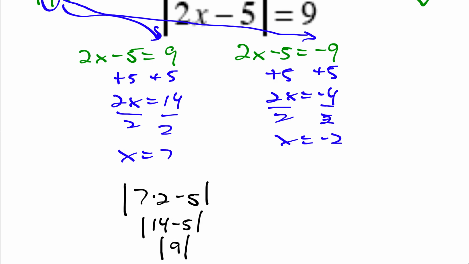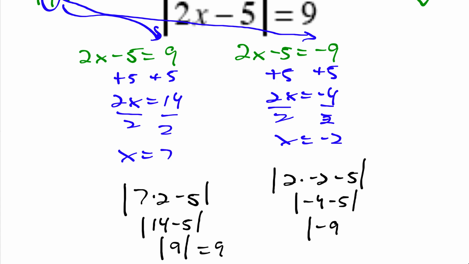The absolute value of 9 is 9. So that works. What if I check this one? 2 times negative 2 minus 5. Well, that's negative 4 minus 5. That's negative 9. Also equals 9. I have two possible answers.